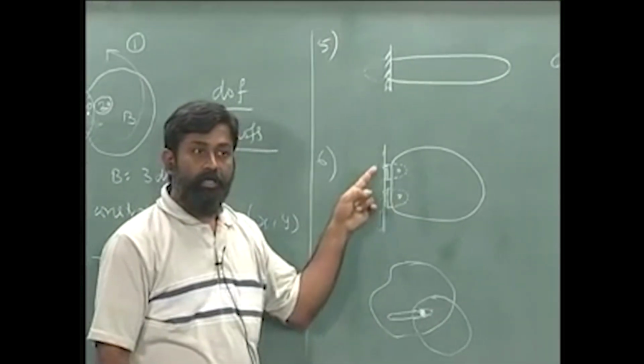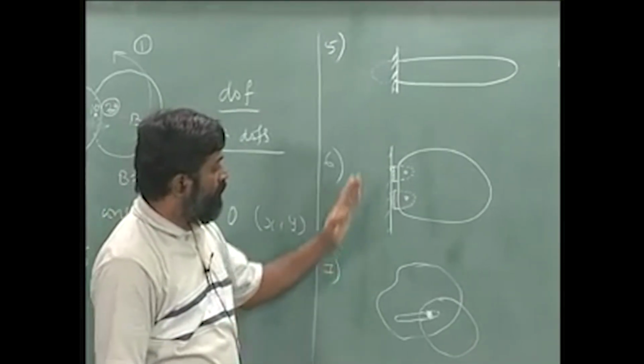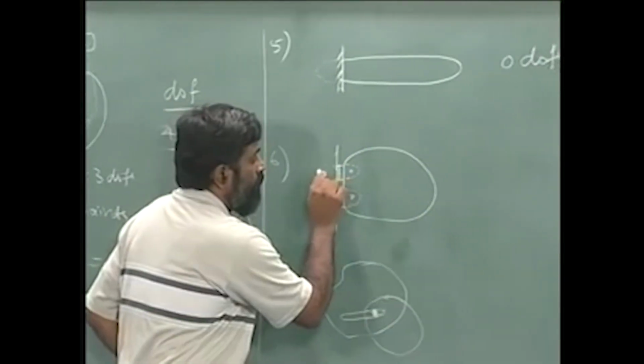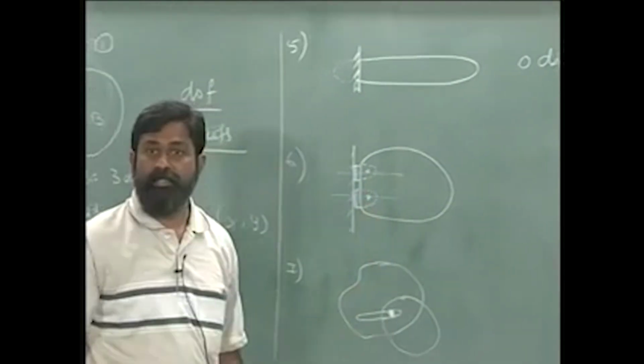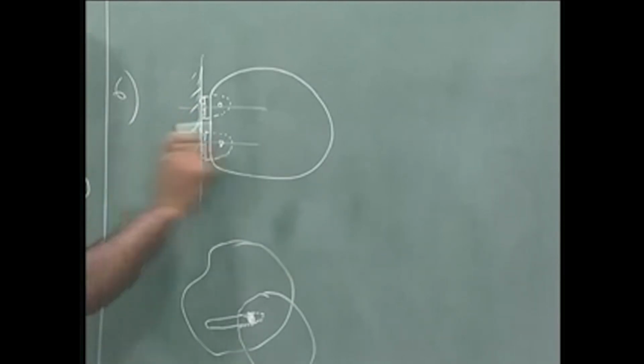In this particular case, if you notice carefully, the motion in this direction is arrested. This is a straight line, and this is the fixed frame of reference. So in this direction there is a translation that is arrested.